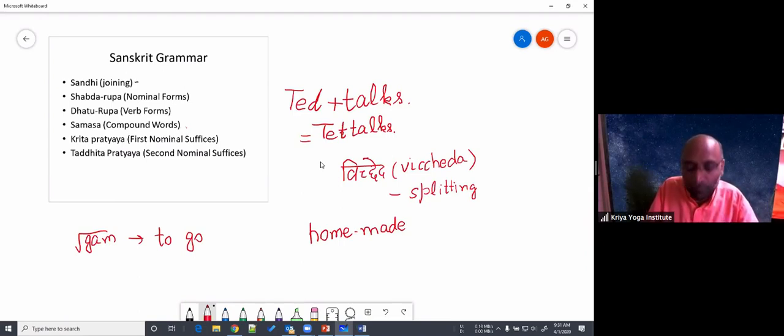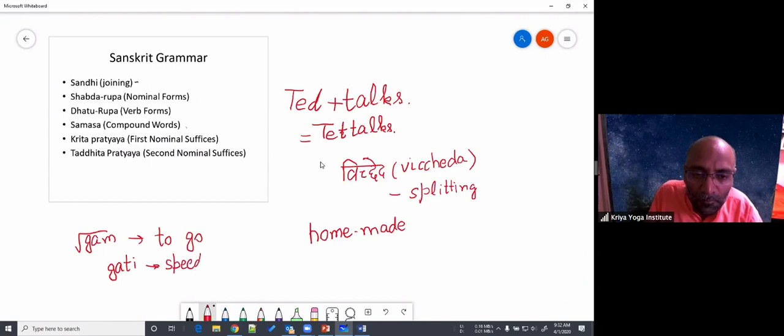One of the nouns, for example, is gati. Gati means speed, movement. So gati means movement or speed, and it's coming from gum.